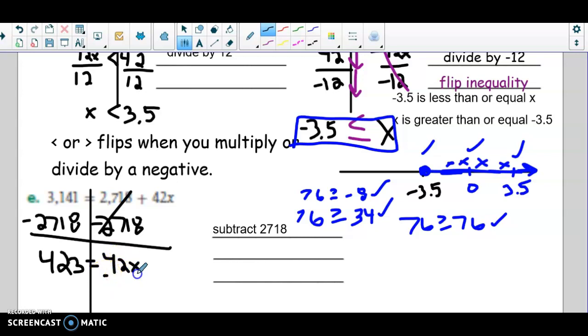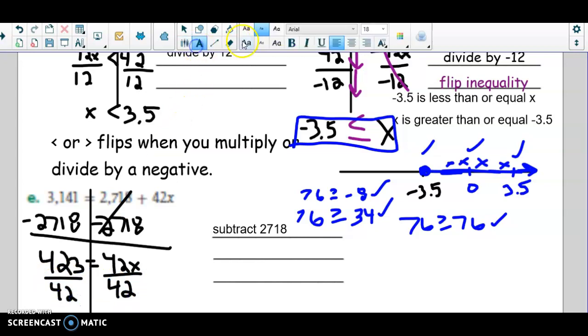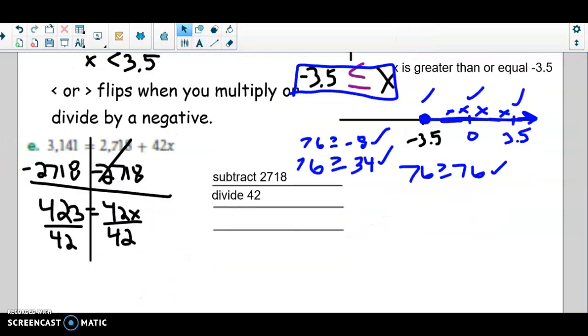The opposite of multiply is divide. So we're going to divide by 42 on both sides. When we do that, 42 over 42 divides to 1x. Now we just have an equal sign, so that just copies over.